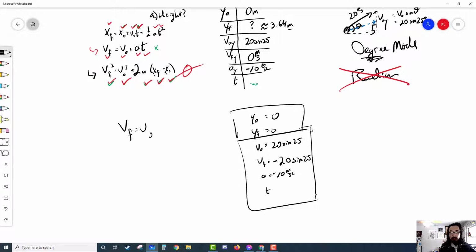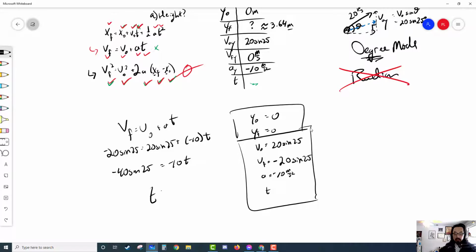So we have vf equals v0 plus at. We have negative 20 sine 25 is equal to 20 sine 25 plus negative 10t. I'm going to subtract 20 sine 25 over to the other side. So we get negative 40 sine 25 is equal to negative 10t. t is equal to negative 40 sine of 25, all divided by negative 10.